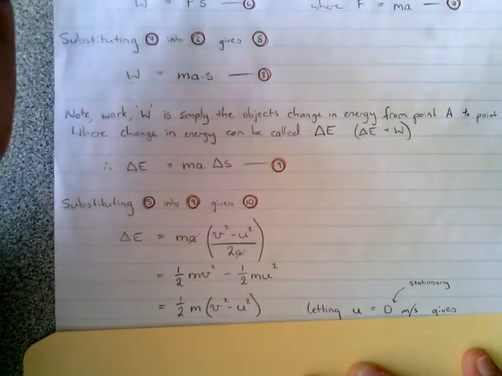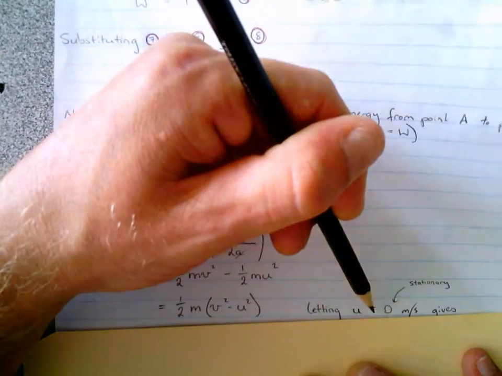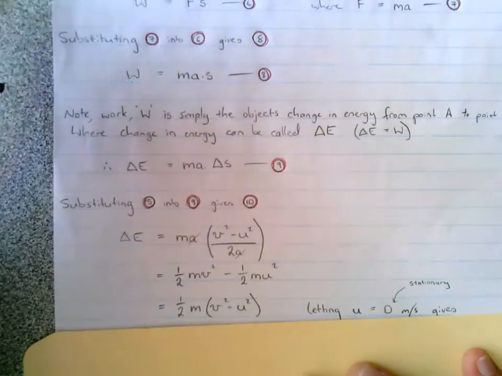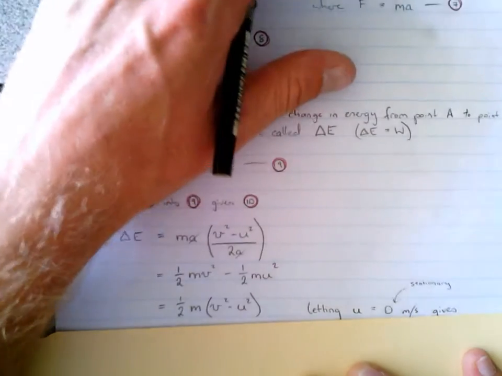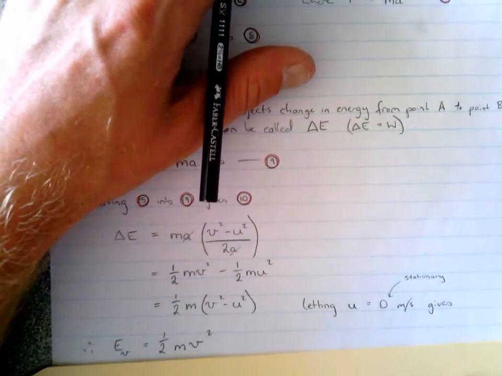Now, let's suggest that the object had an initial velocity of 0, so it was stationary at point A before increasing its velocity to a final velocity.